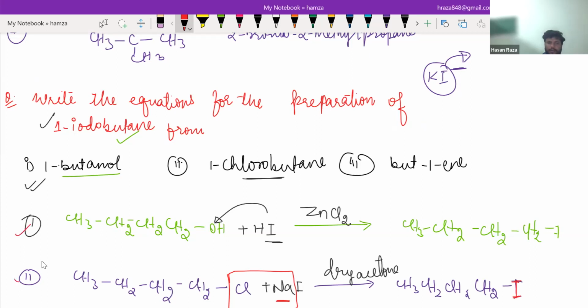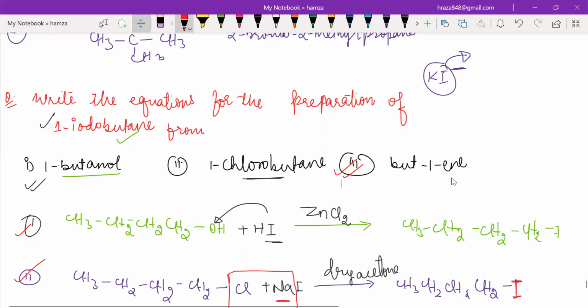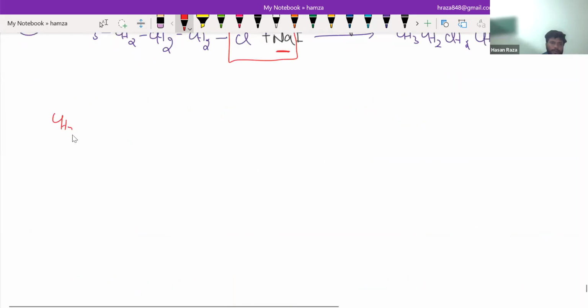Done with this? But-1-ene. What is the reaction? From but-1-ene we need to prepare 1-iodobutane. CH2 double bond CH single bond CH2 CH3.